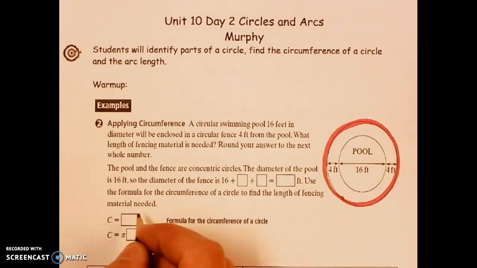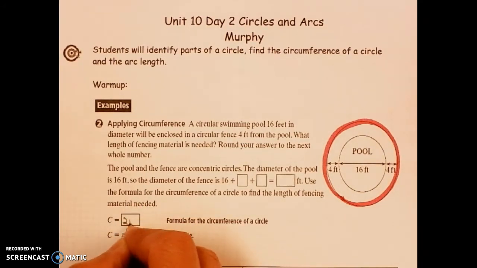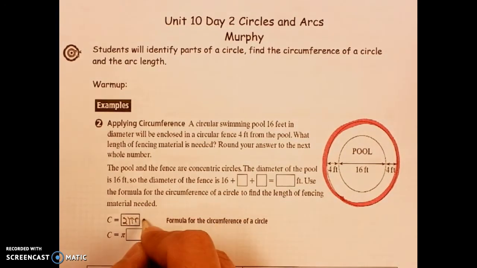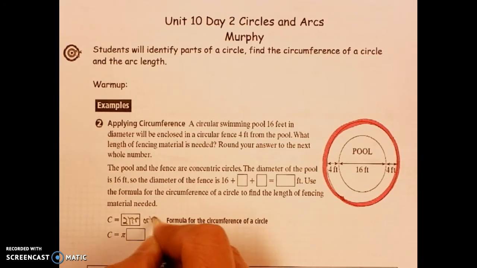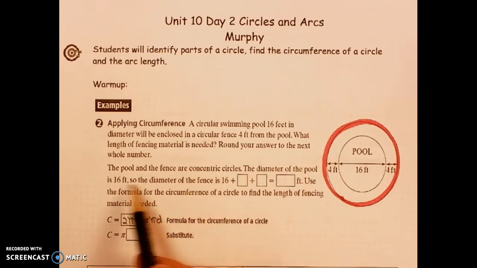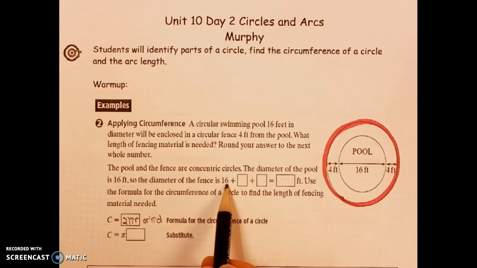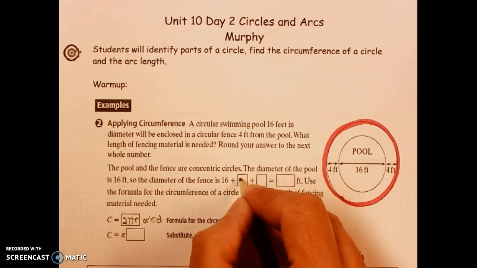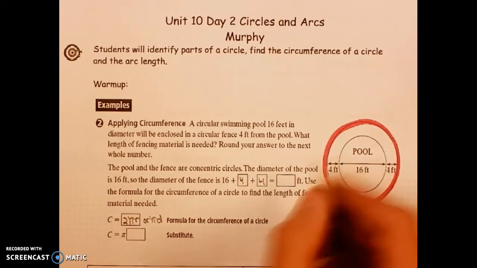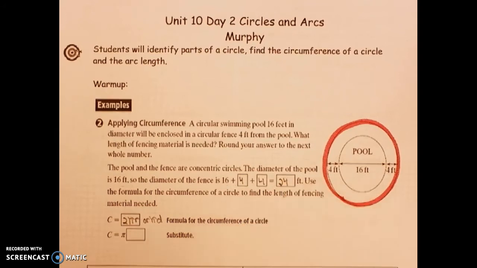So if you take a look, the formula we're using is 2 pi r, or we could use pi times diameter, whichever one you prefer. So up here it says the diameter of the pool is 16 feet, so the diameter of the fence is 16 plus 4 on each side, so here and here, gives me a total diameter of 24.